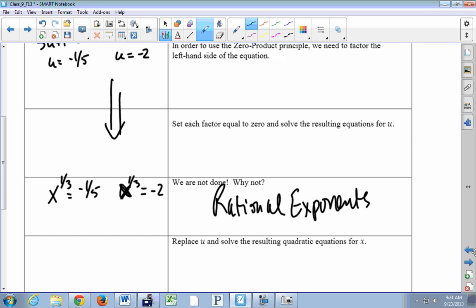So we want to make this x to the first power. So what power do I raise this to? What exponent, so I get x to the first? No, if I raise it to the 1/3, I'm going to make that 1/9. If I wrote this as a radical, what radical would it be?